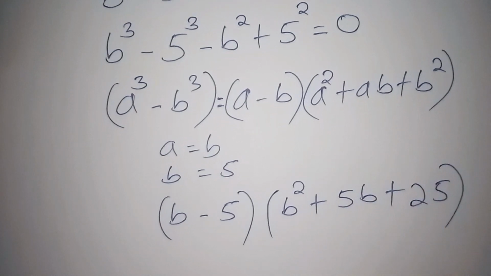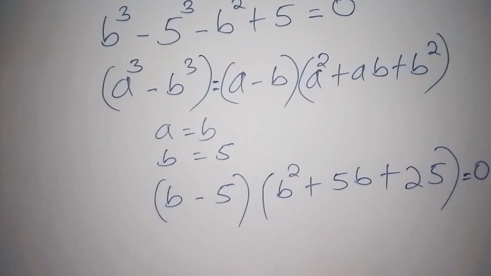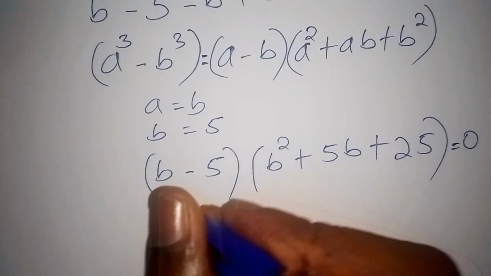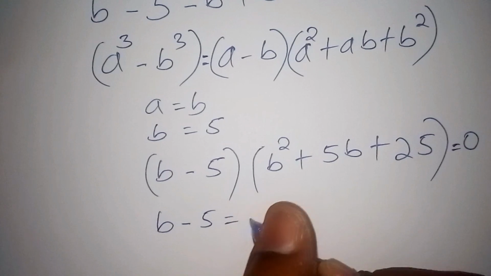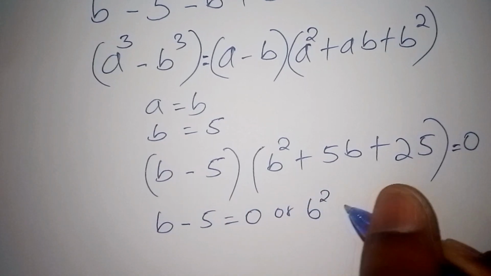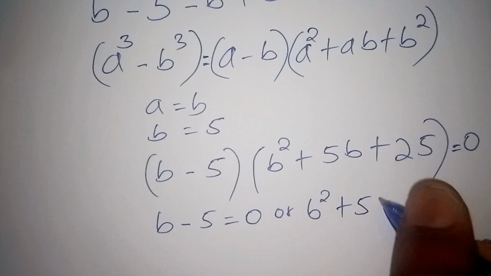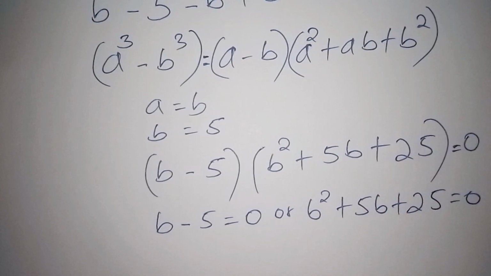All this is equal to 0. So here we say that the result is b minus 5 is equal to 0, or b squared plus 5b plus 25 is equal to 0.